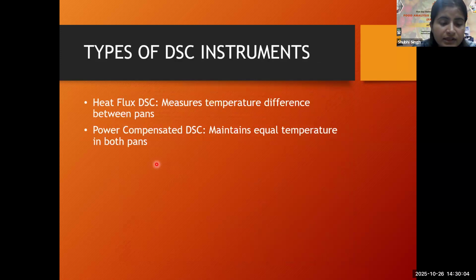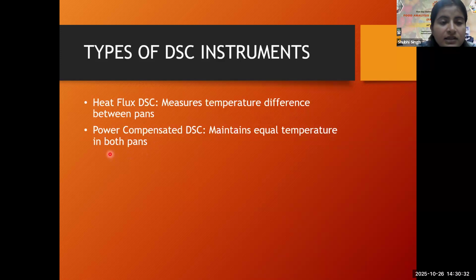There are different types of DSC instruments available for measuring different types of food matrix. The first one is heat flux DSC. It measures the temperature difference between the sample and the reference pan and converts it into a heat flow signal.